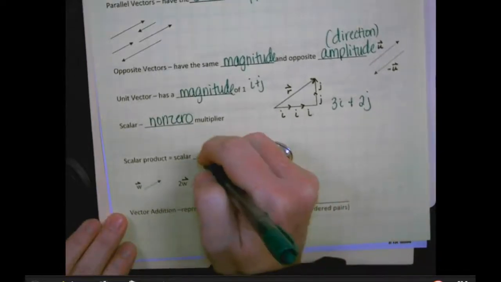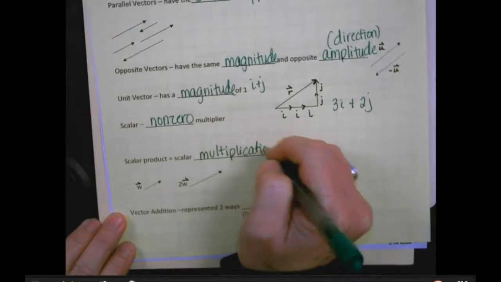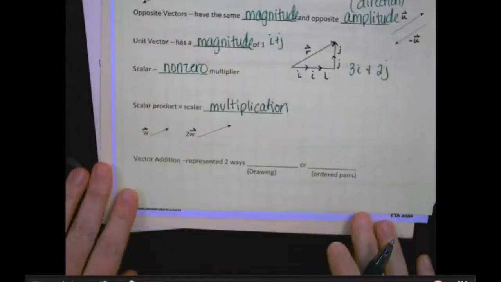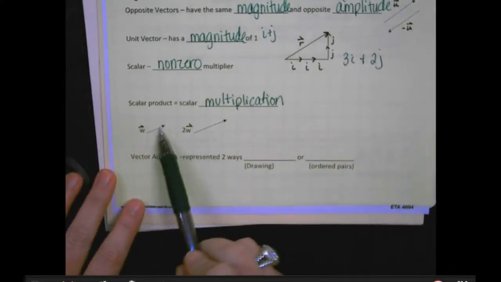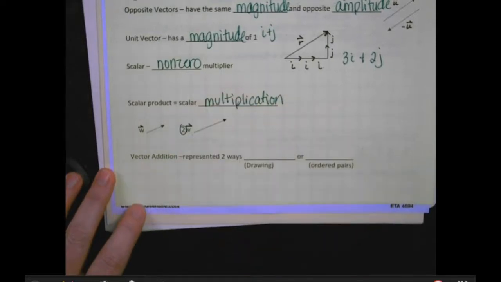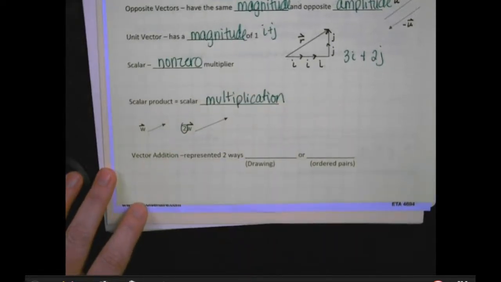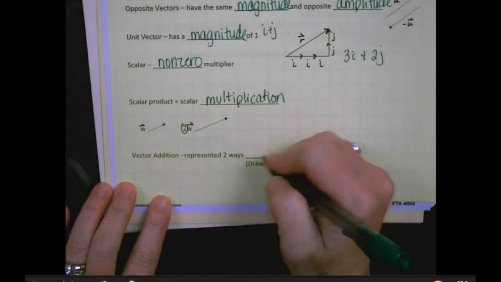Okay? So the scalar is a non-zero multiplier. Scalar product means scalar multiplication. So if I have W, 2W, 2 is the scalar, and I just multiplied 2 times W. Or I can add together 2 W's, one or the other. So there's 2 ways to do this.